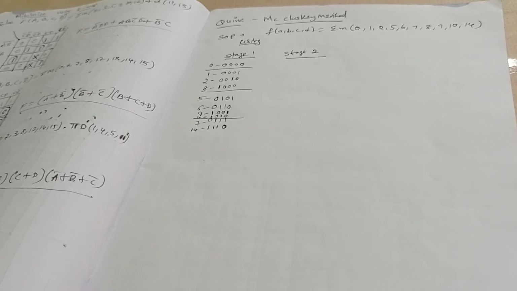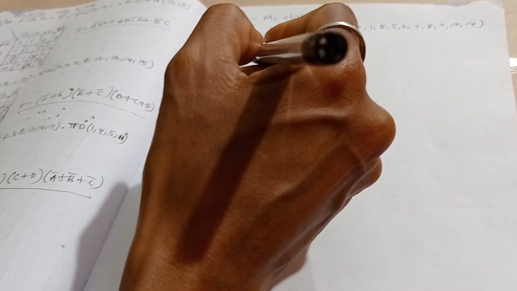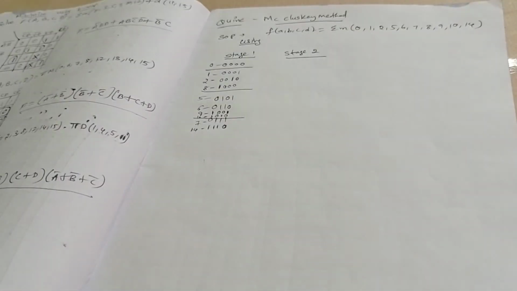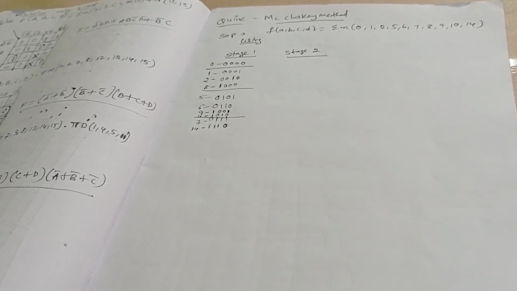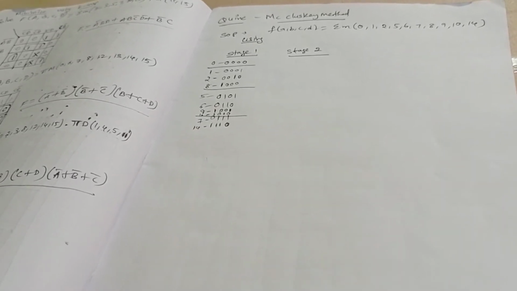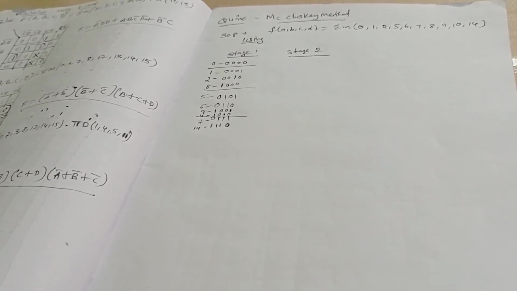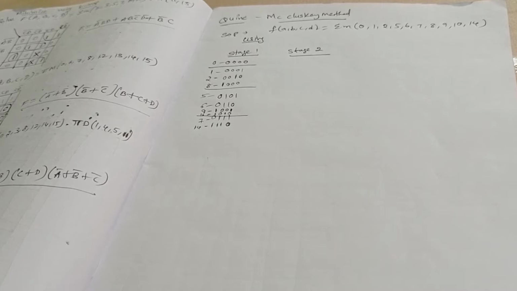That means we pair those two as one. Place a hyphen, that is minus, in the different bit position, where the bit is changing, and keep the remaining bits as they are.